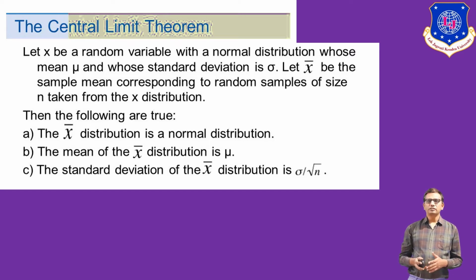So the x bar distribution, that means we are taking the means, and the distribution of means will be a normal distribution. The mean of the x bar distribution is exactly mu, and the standard deviation is not exactly sigma, but it is sigma by root n. So that gives the central limit theorem. That is the concept of the central limit theorem.